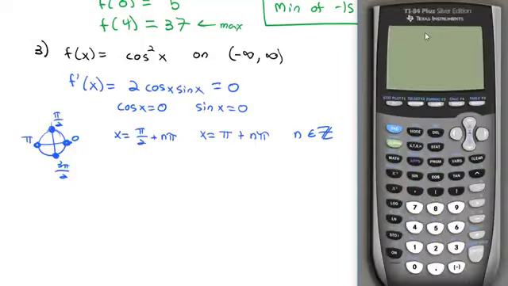Well, let's go to our calculator and see what we have for mins and maxes. Hitting y equals, clearing out the old function. We want to do parentheses, the cosine of x, and we want to square it. Delete out the old values for the table. And our first point is pi over 2.